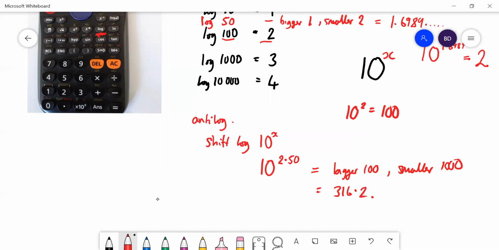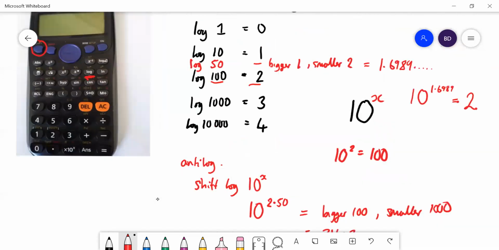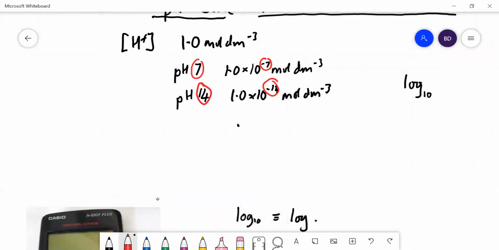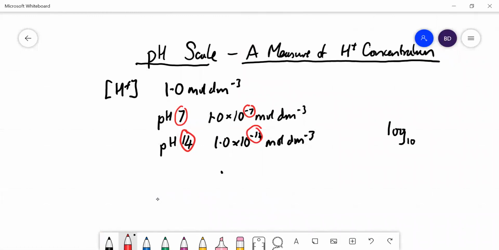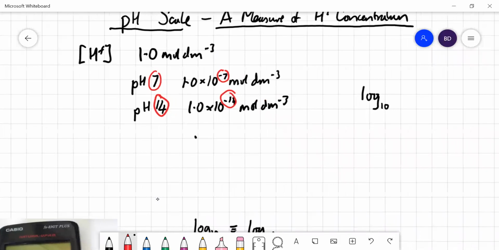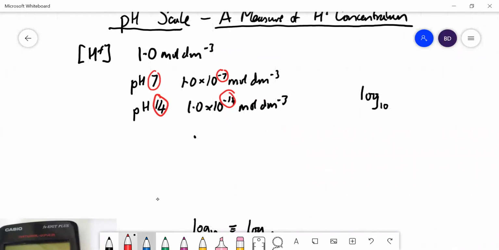Now, normally, because we are dealing with our pHs, which are these small numbers, let's do log of 1, log of 0.1, log of 0.01, log of 0.001.